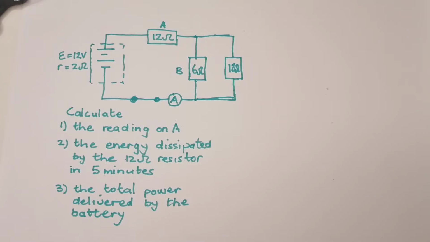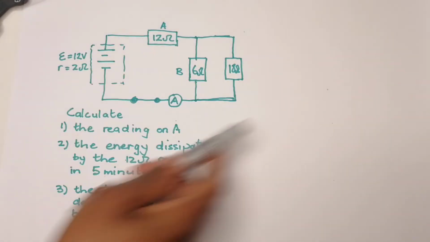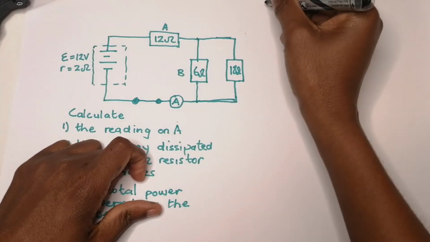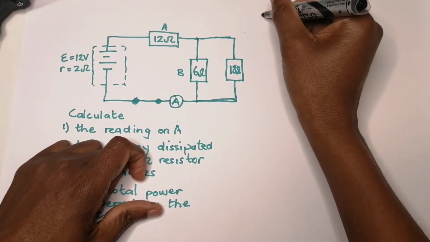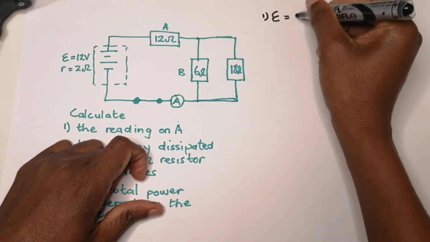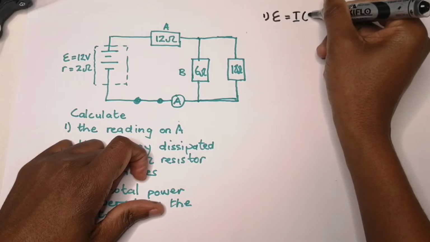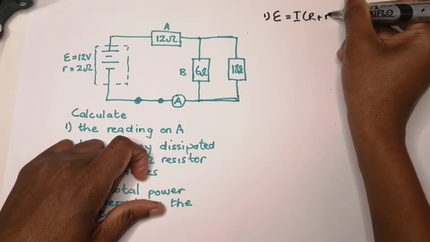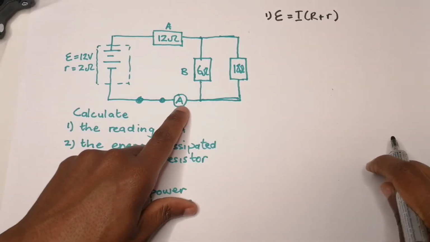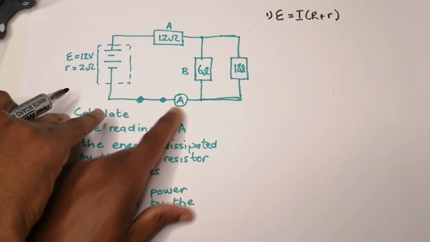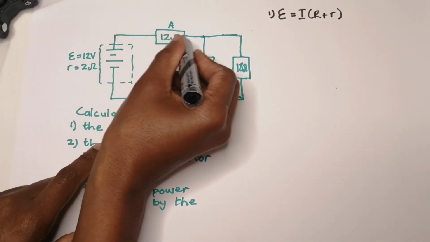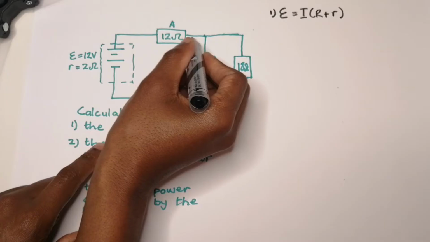Now, if you note, there is no other voltage that is given except the EMF. So I'm going to take the EMF equation and say E is equal to I into R plus small r. Now, ladies and gents, looking for the reading on A, I know that total current will move across the 12 ohm resistor.